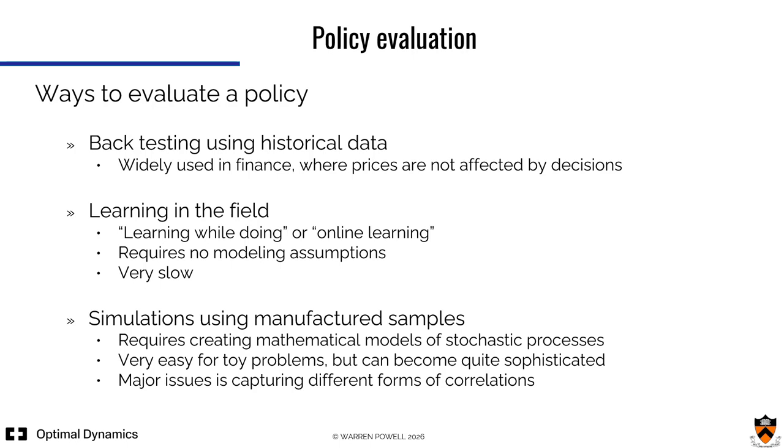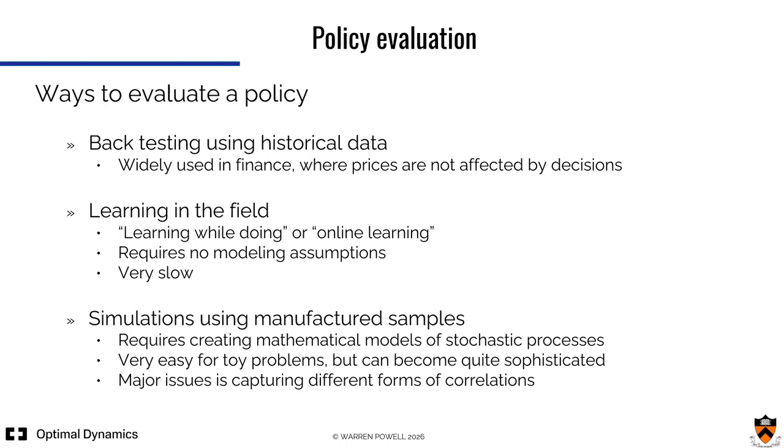So the last way is the way where you say, okay, I'm going to have to build an underlying stochastic model so that I can build simulations of all the random information. And this seems like a natural process. It can be very hard. The problem is correlations. You can have correlations over time. You can have correlations between different information processes.